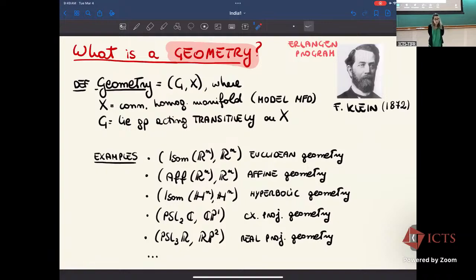Okay, so geometry: we'll use the Klein definition of geometry. So for us, a geometry will always be a pair (G,X), where X, the model, is a connected homogeneous manifold, and G is a Lie group that acts transitively on it. These are some of the spaces.